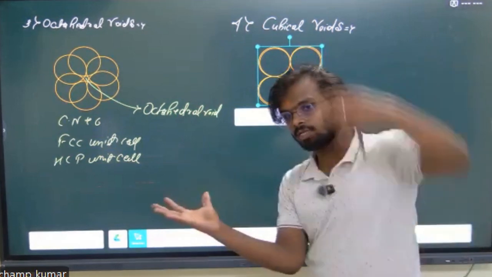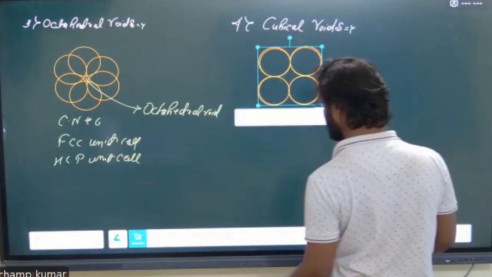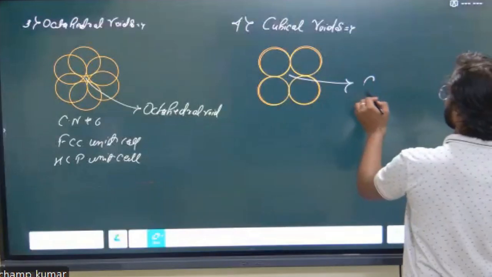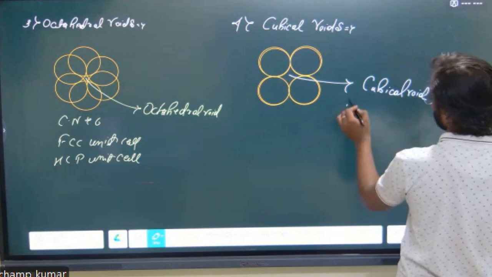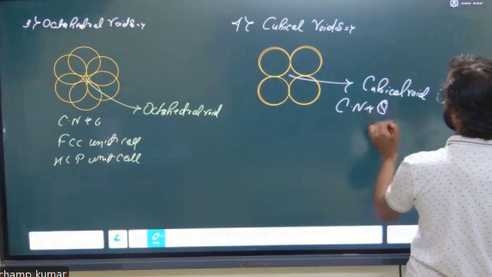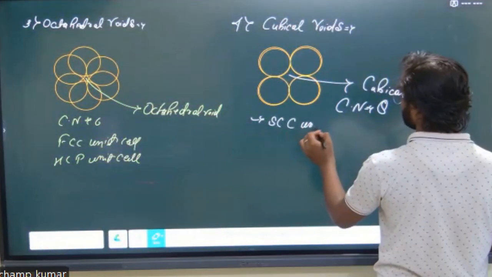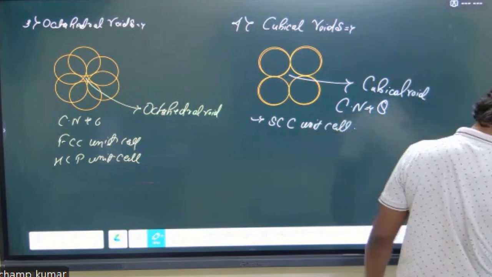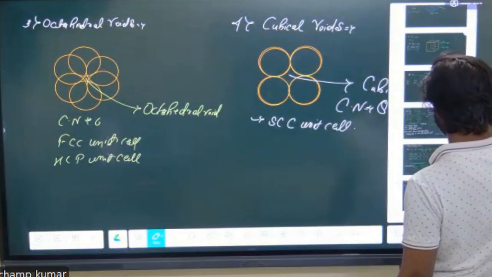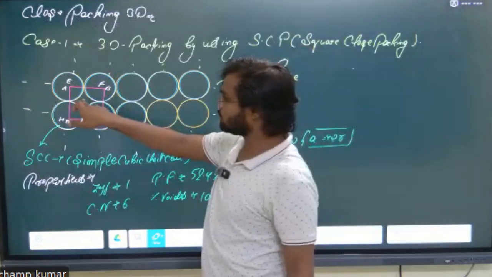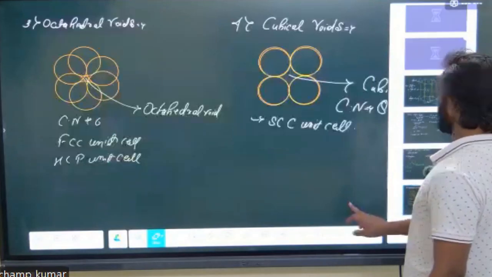Four atoms in one plane, four atoms in the other plane, like this we are placing. Then this void is called a cubical void. The coordination number we are seeing here is 8, and it is formed in the SCC unit cell. Let me show you also. If you remember the SCC unit cell, see, this void is a cubical void.